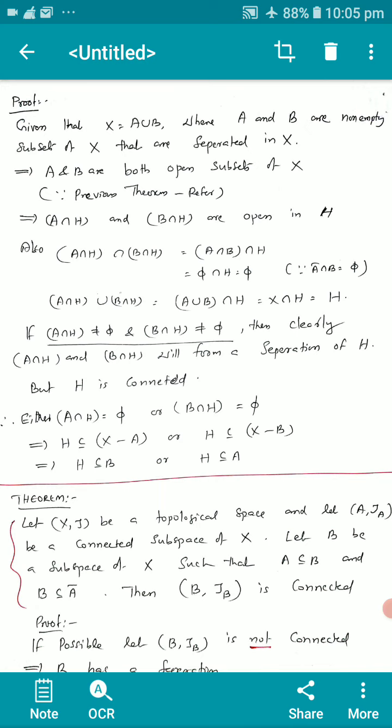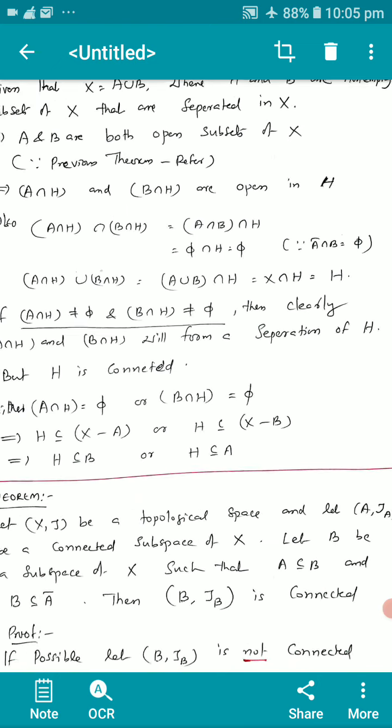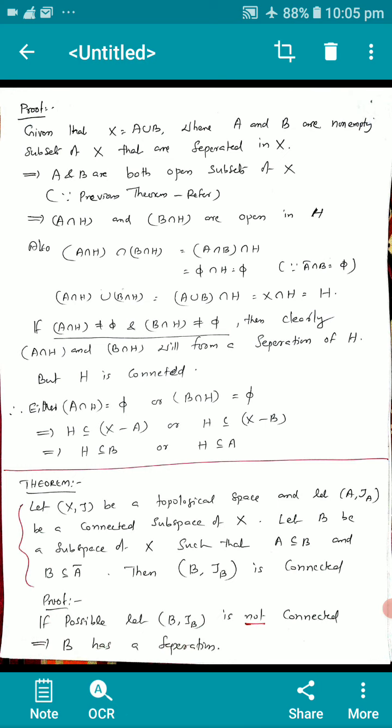So A and B are both open subsets of X. That means A intersection H and B intersection H are open in H. Also, their intersection, that is (A intersection H) intersection (B intersection H), is A intersection B intersection H, which is phi intersection H, equal to phi. Because A intersection B equals phi, since the closure of A intersection B is phi.